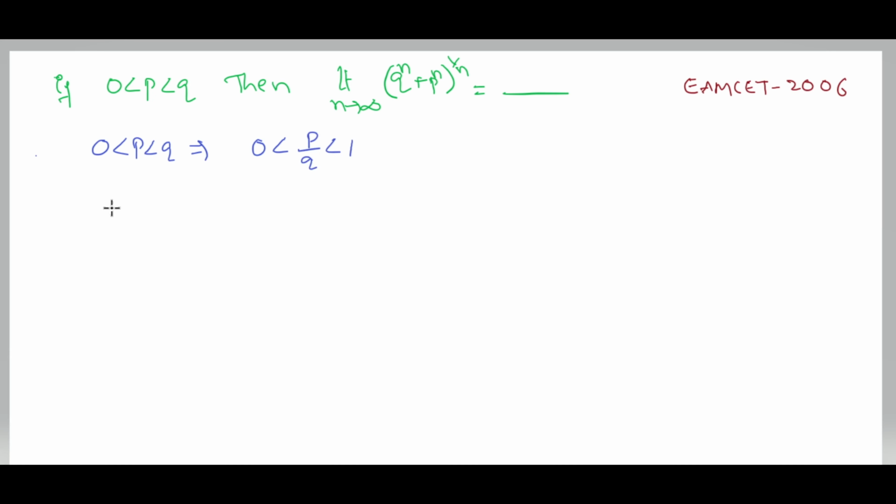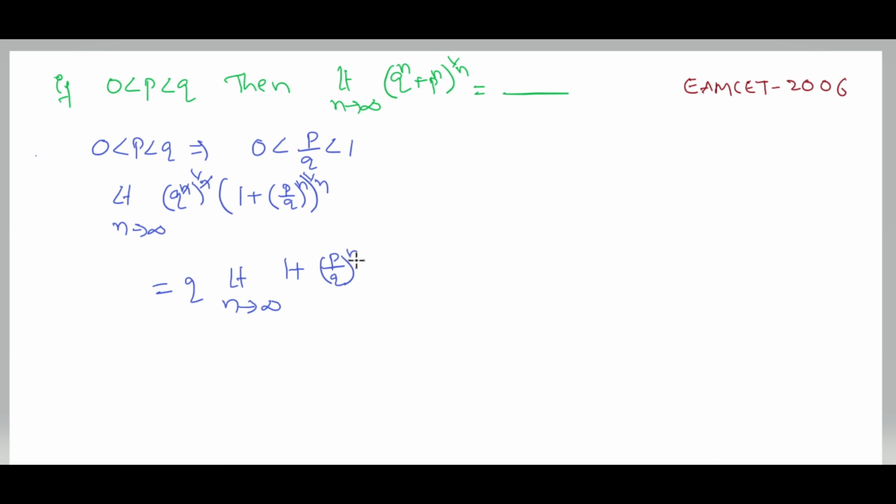So take q common in the given limit n tends to infinity, take q to the power of n common, that is whole to the power of 1 by n into (1 plus (p by q) whole to the power of n) whole to the power of 1 by n. Here n can cancel, that is equal to q into limit n tends to infinity (1 plus (p by q) whole to the power of n) whole to the power of 1 by n.